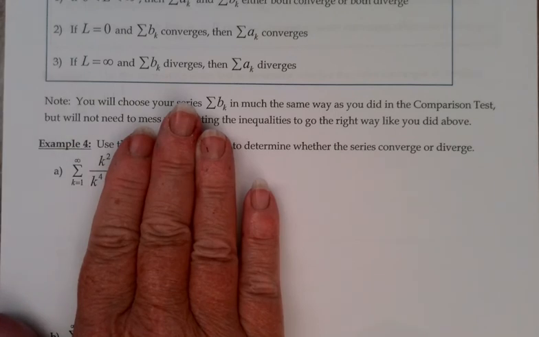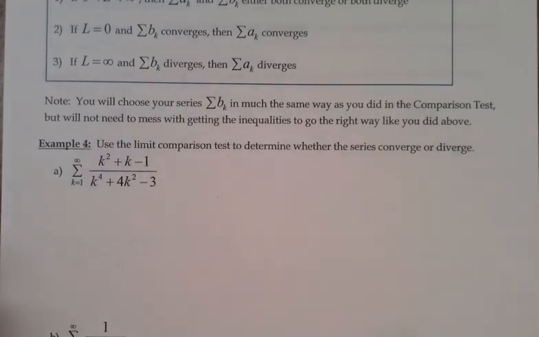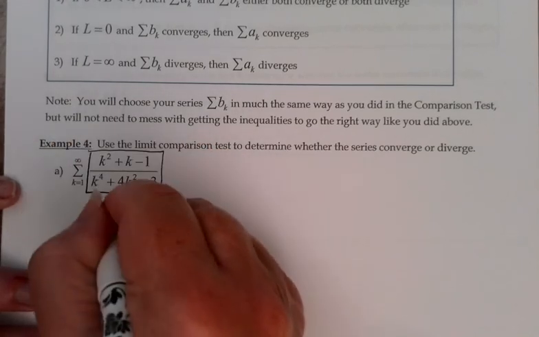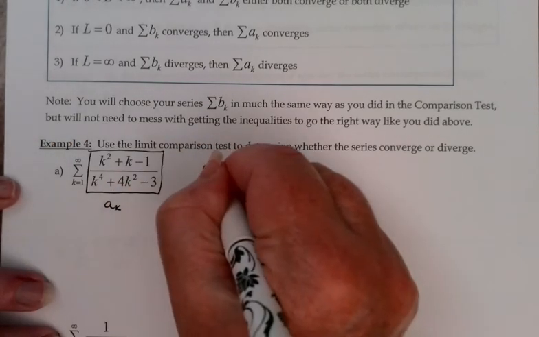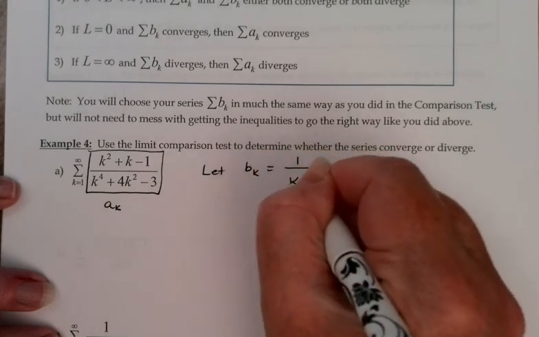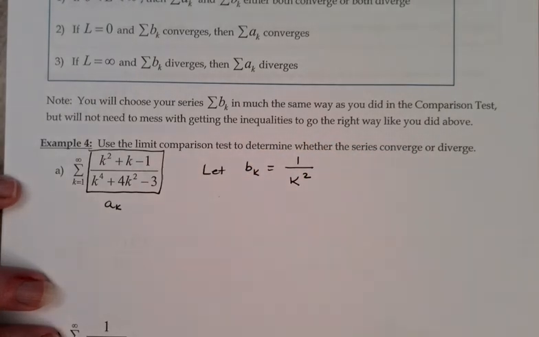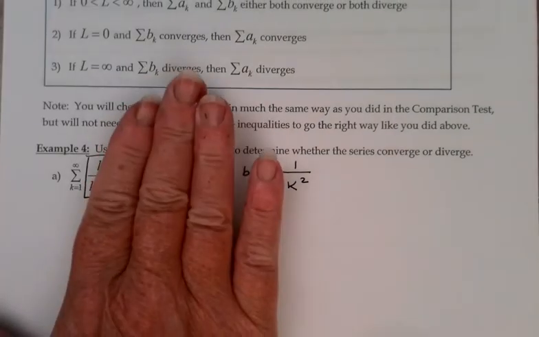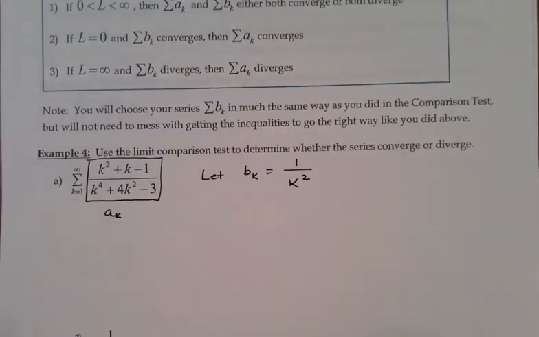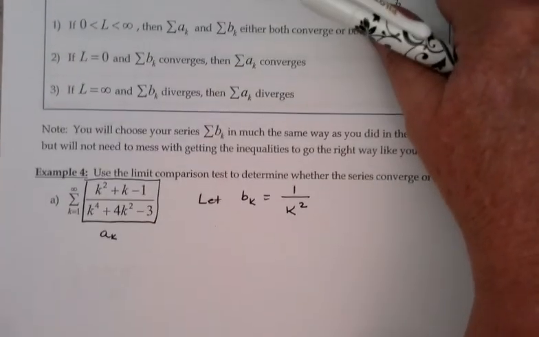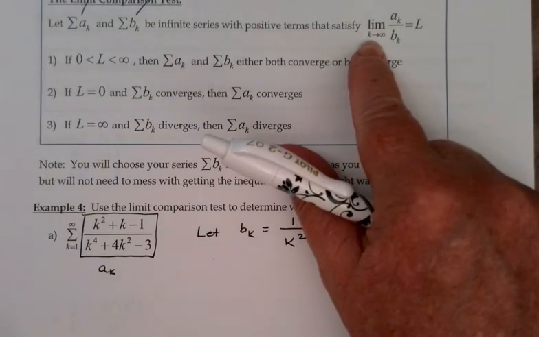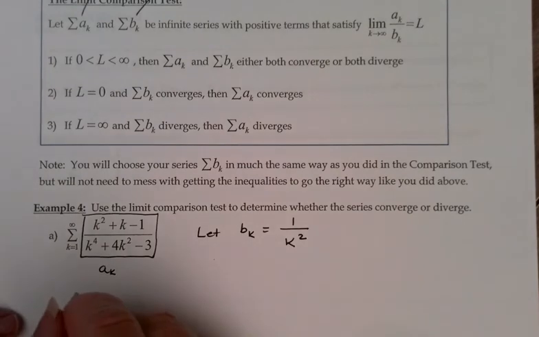That's what I'm going to use for my comparison. So these are my a sub k's, the givens. I'm going to choose to let b sub k be 1 over k squared. Again, the reason I looked at those highest powers, and then just simplified. Limit comparison test says I need to find the limit as k goes to infinity of a sub k over b sub k.